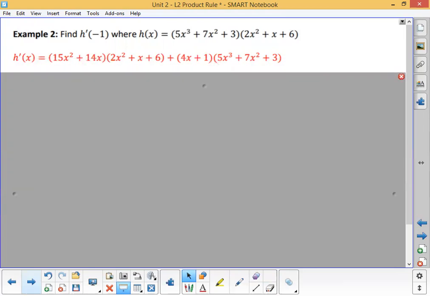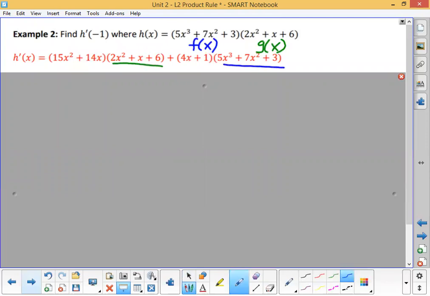Okay, so I have my f of x, and I have my g of x, right? My g of x is over here. My f of x is over here. Now this represents f prime of x, and this represents g prime of x.